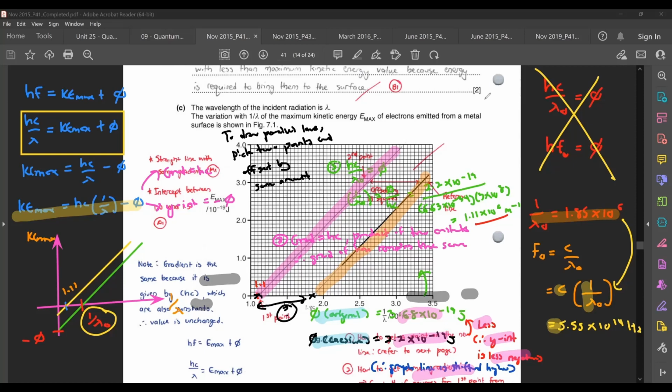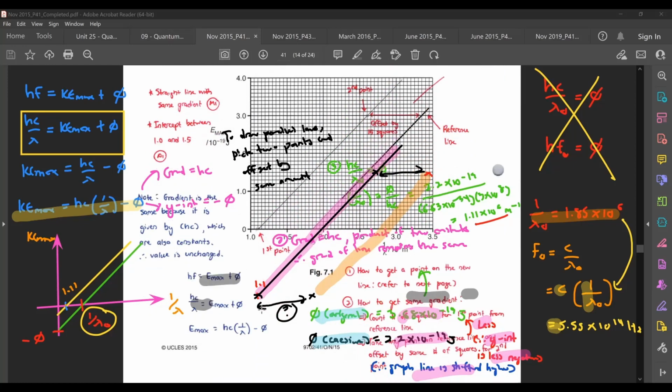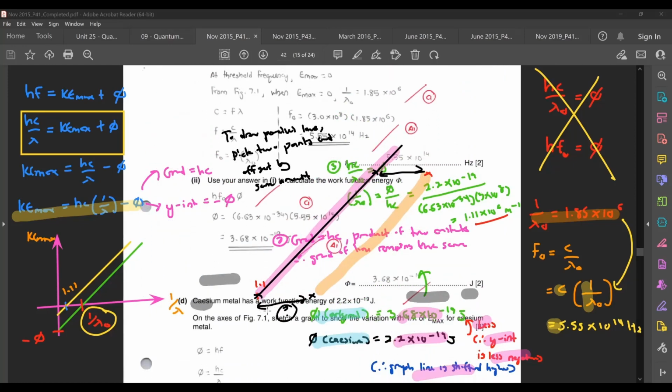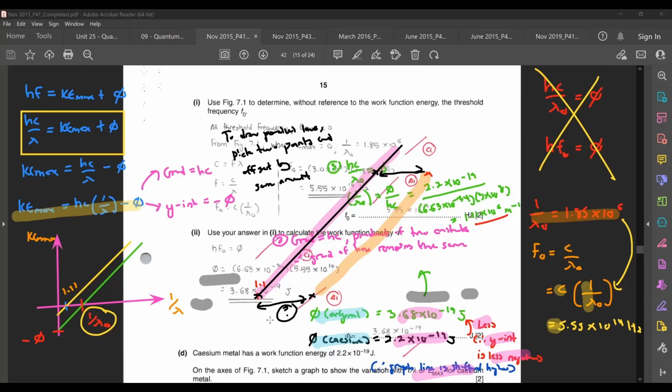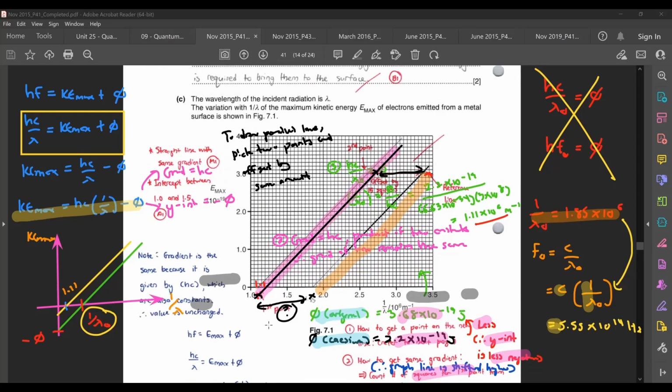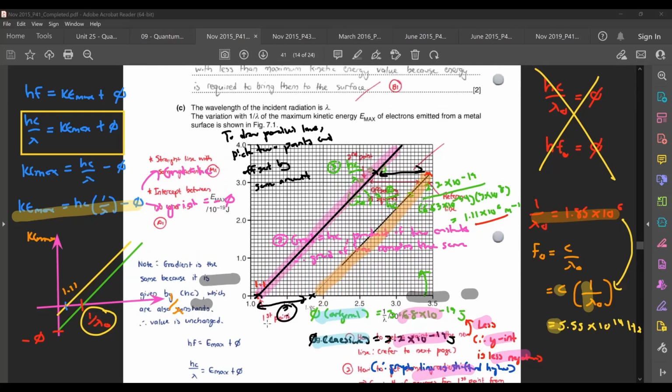So you go and pick another point on the original line, maybe this one. You again offset it by the same amount so that you get 2 points here. From there, all you need to do is join those 2 points, and you will get the required line. Okay? So that's how you would generally do this particular question, which is about 2 marks. It's still the same 2 marks as the previous question, but it requires a bit more work.